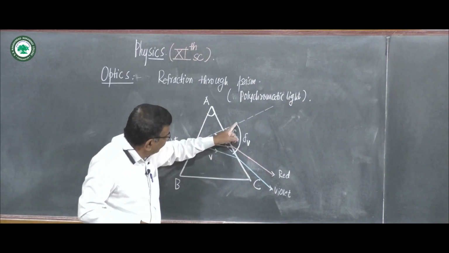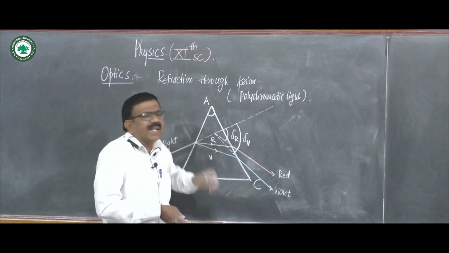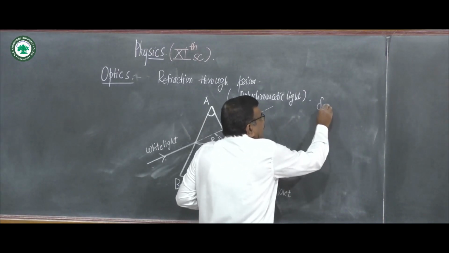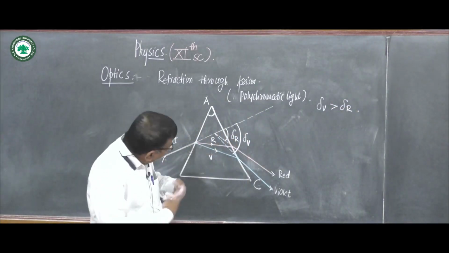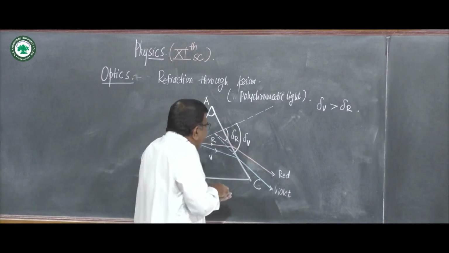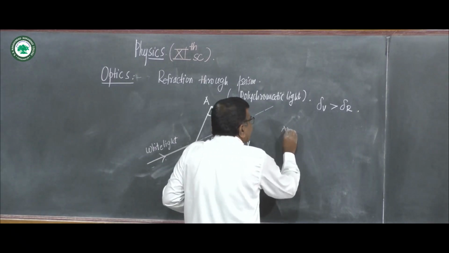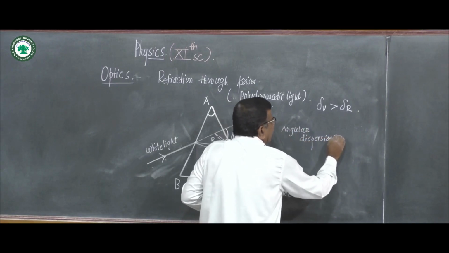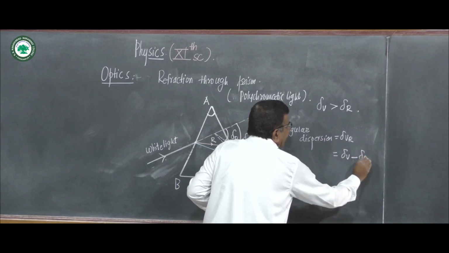Deviation of violet color is maximum, that is delta V, angle of deviation for the violet, and deviation of red color is minimum, that is delta R, angle of deviation for the red color, and this delta V is greater than delta R. Angle of deviation of intermediate colors are in between delta V and delta R, and here this angular dispersion for the extreme colors, that is delta VR, is equal to delta V minus delta R.